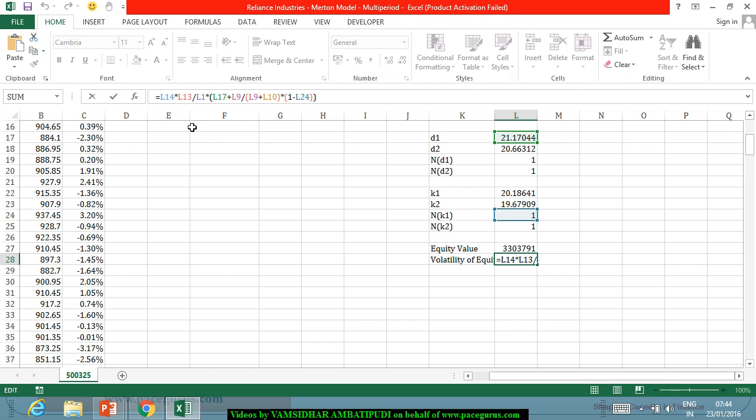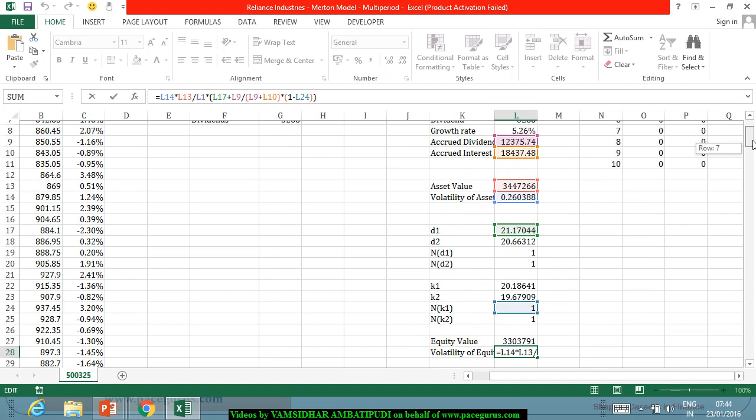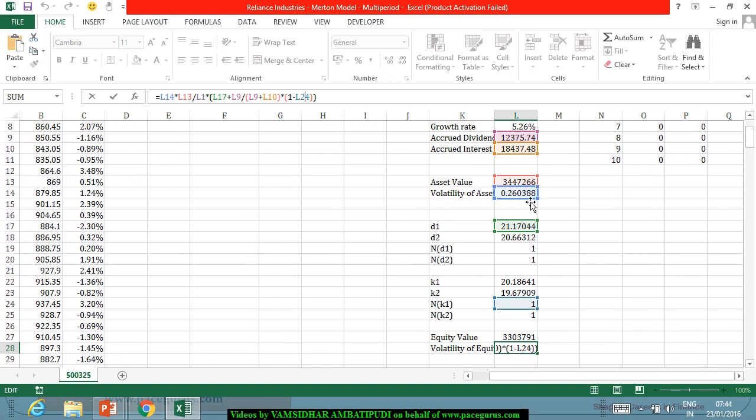So I am taking it as sigma, which is the volatility of the asset, multiplied by the value of the asset divided by the value of equity. Here I have to take the value of the equity to be this number, and this entire thing needs to be multiplied. I think there are some bracketing issues. We'll keep one bracket out here.